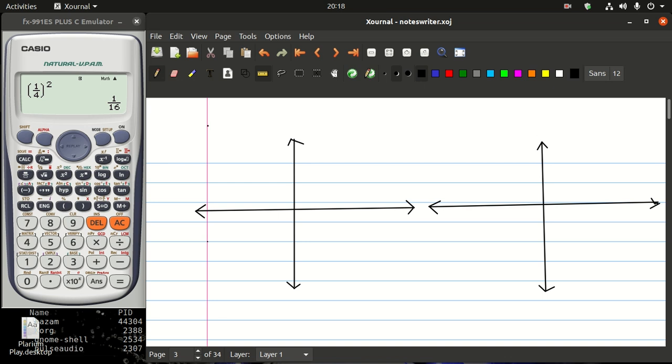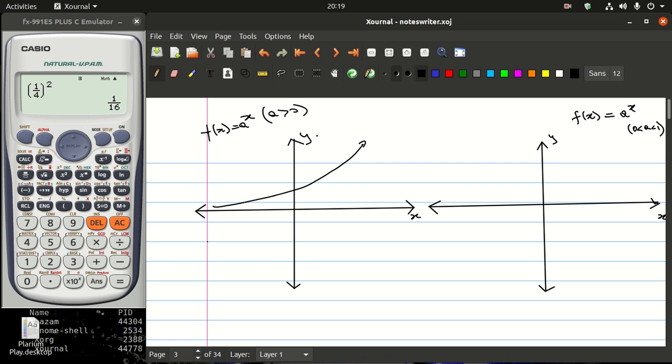All these plots, we want to plot f of x is equal to a to the power x, but this side we want a to be greater than 1. This side we're going to have f of x equal to a to the power x, but here our a is ranging between 0 and 1. We said that in that case, if these are the y-axis and x-axis, an exponential function under this case, where a is greater than 1, is going to pass through here, but it will be increasing throughout.